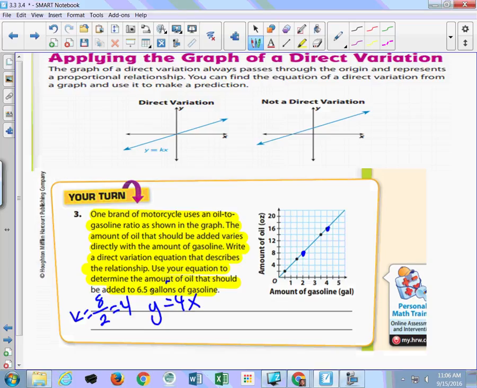So it wants to know at 6.5 gallons, so we just plug it in. y equals 4 times 6.5. If you do that, y equals 26. So that means if we went out to 6.5 way out here, this line would be at 26 here. Okay, that's all that's doing.